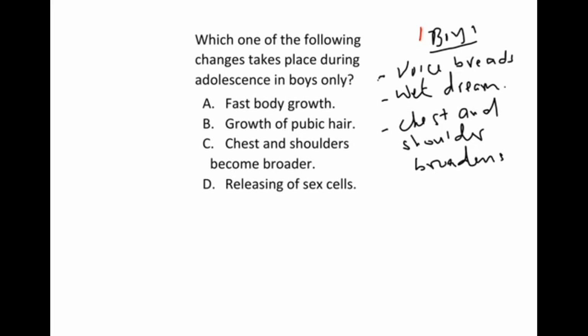So when you look at our answers there, we have A, first growth of the pubic hair, chest and shoulders become broader, and then we have releasing sex cell. It is good to note that releasing sex cell is a common physical change in both boys and girls, because here boys will produce sperms and the girls will produce ovum.